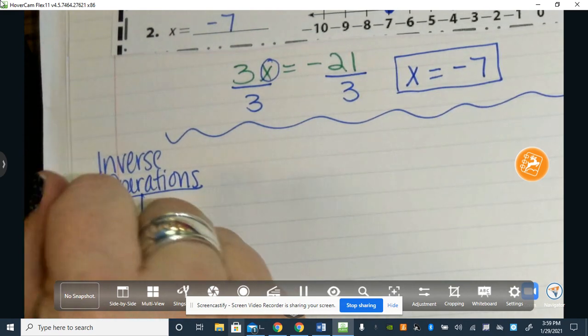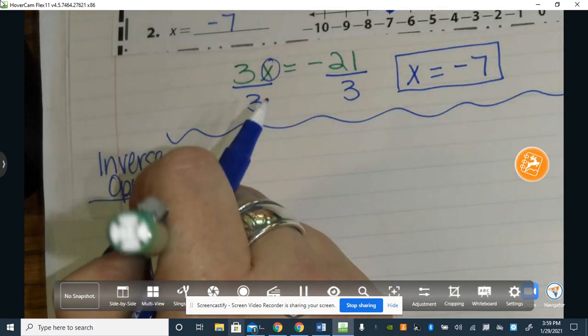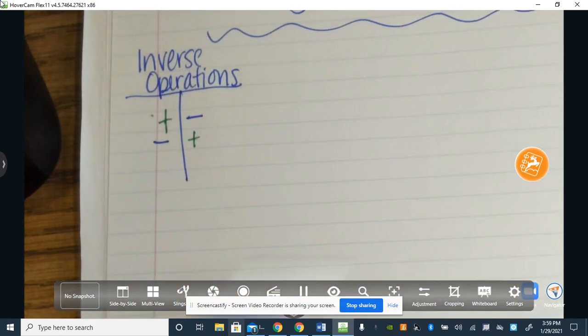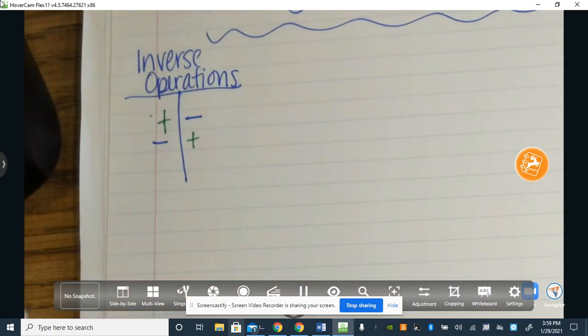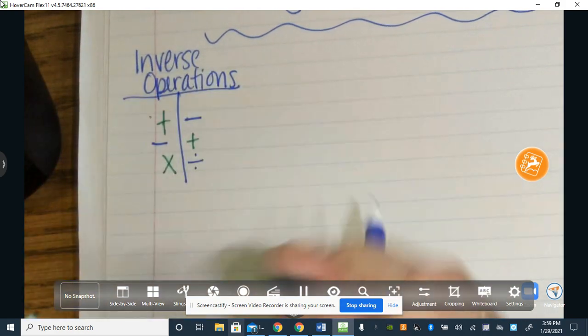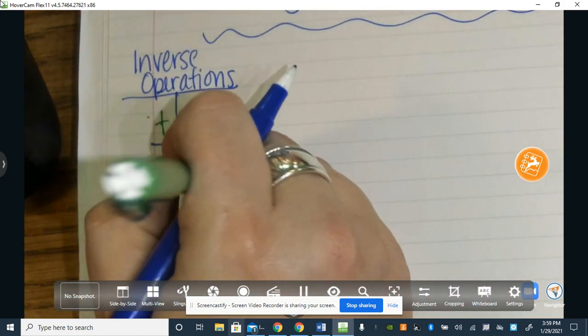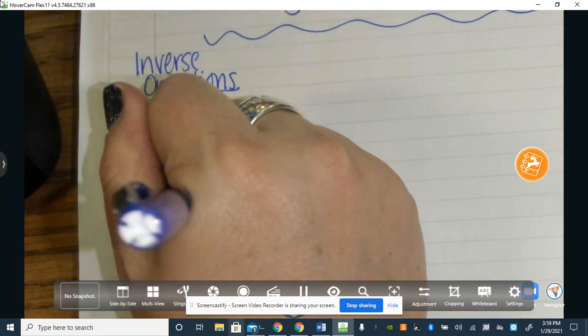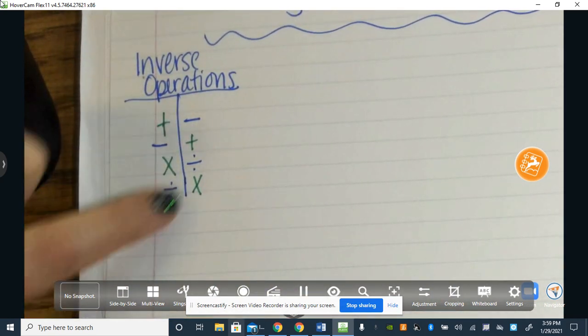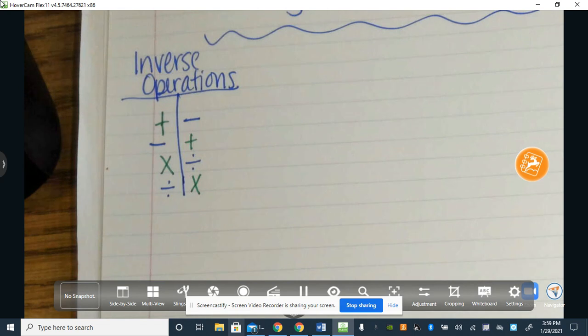The opposite of subtraction, again, is addition. Now we're going into multiplying. The opposite of multiplying is dividing, and the opposite of dividing is multiplying. If you can remember this rule, solving equations is going to come easy to you.